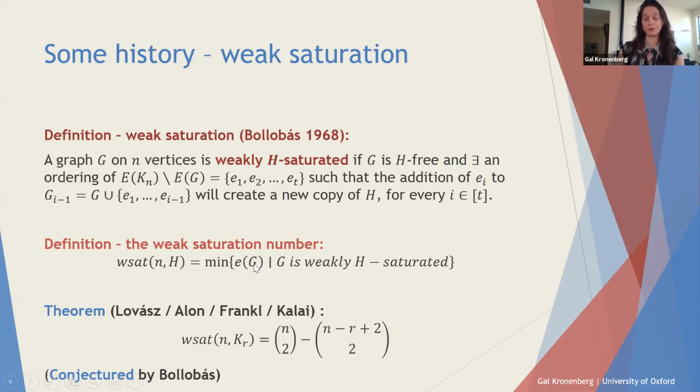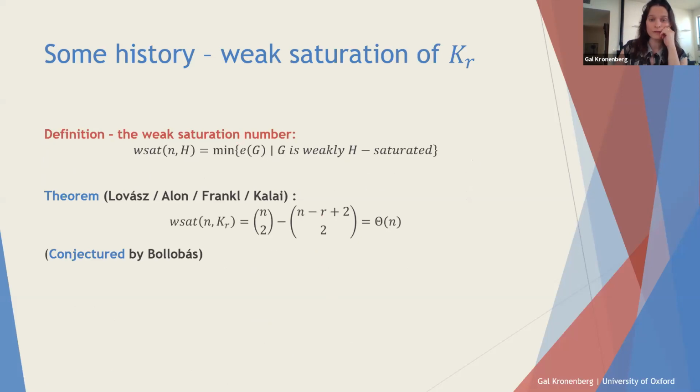So this was for the weak saturation number. But as I mentioned before, maybe this is the smallest graph that is weakly K_r saturated. It has only a linear number of edges, but somehow we can infect all the new edges really quickly.